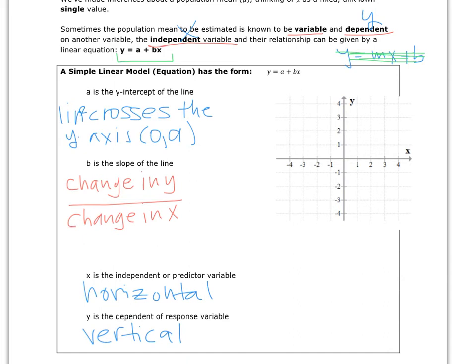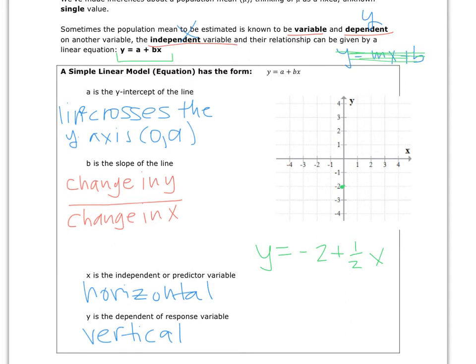If we want to look at an equation, let's say y equals -2 plus 1/2 x. So if we plot or graph that line, that -2 tells us where the line is going to cross the y-axis. So we're going to have a point where x is 0 and y is -2, so that's right there. And then actually the slope tells us how to find another point.